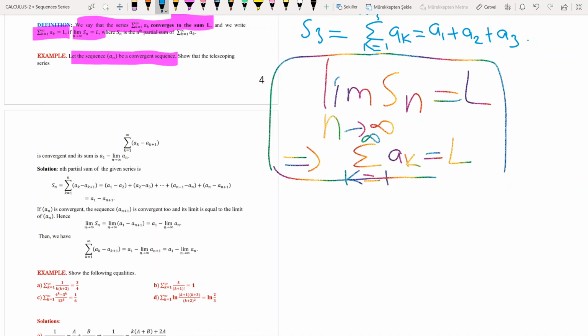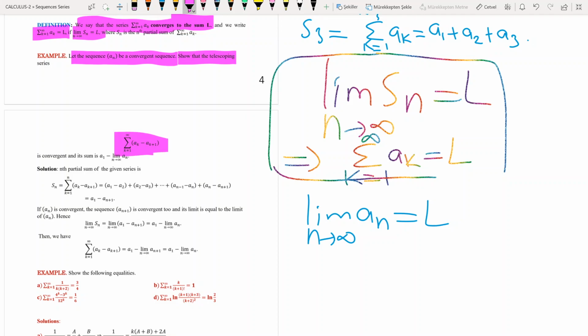So if it is convergent, let me express this result: when n tends to infinity, an must go to a number, let's say L. Show that this kind of series, which is called a telescoping series, is convergent and the sum of this series is equal to a1, the first term of the sequence an, minus the limit of an.